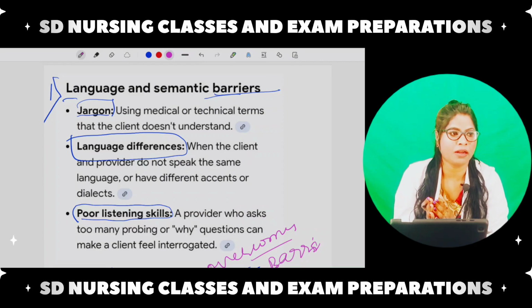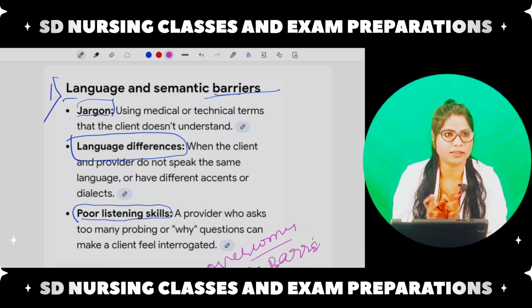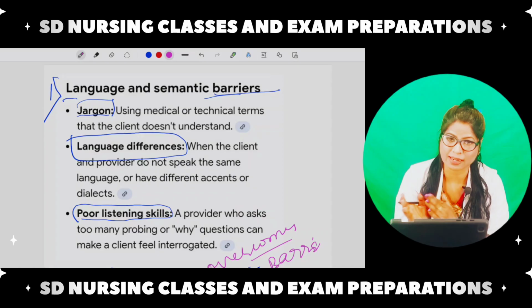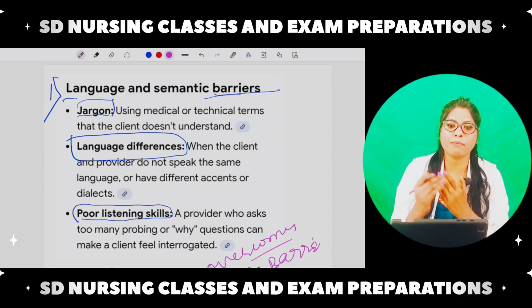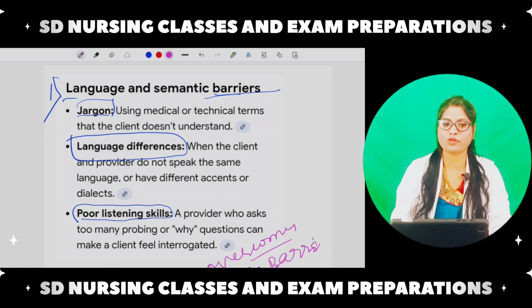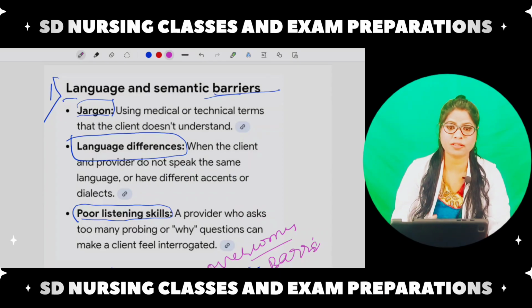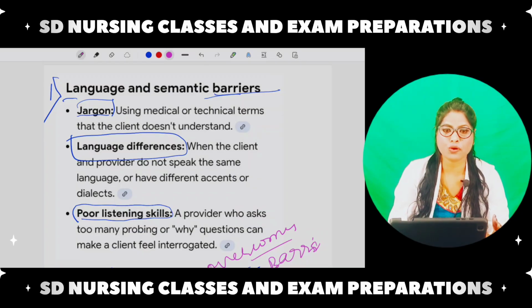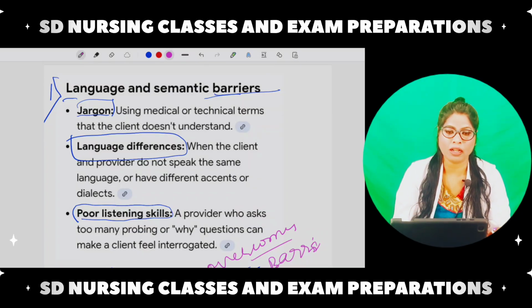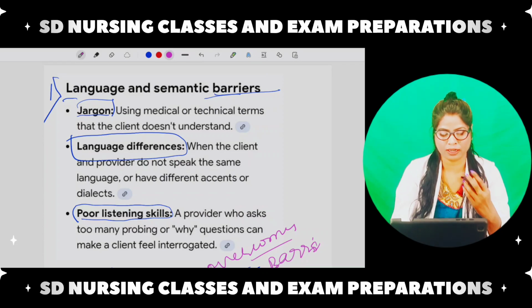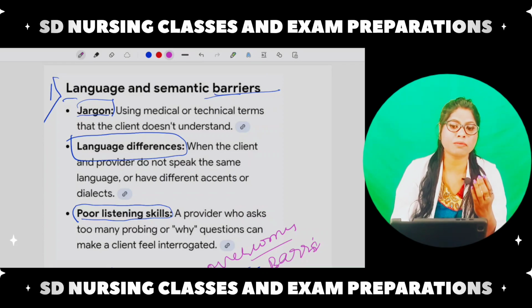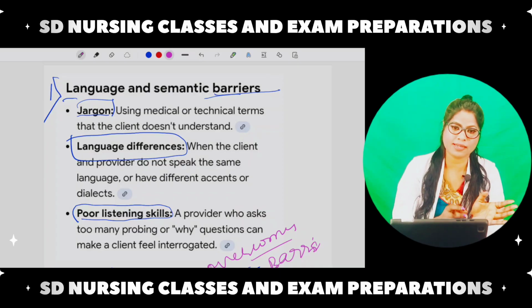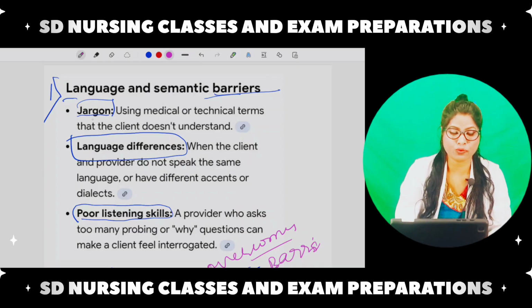If I am talking to someone from the IT sector, or any profession, about my profession, and I am using my medical terms and language, that person can't understand these terms, so the communication will be poor and it won't be effective. For effective communication, to get the best feedback, we have to use terms and language which both the sender and the receiver can understand. So that is jargon.